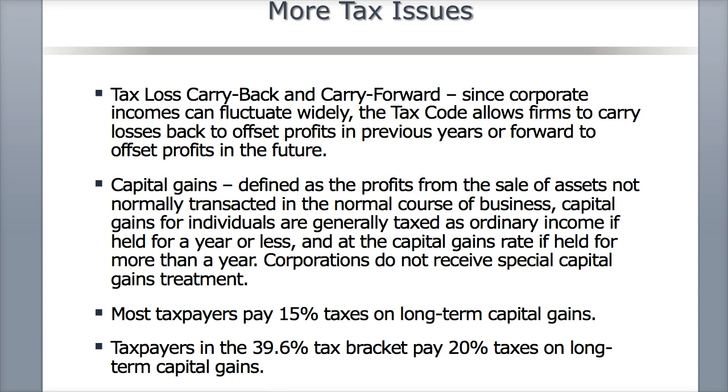And in addition, high-income taxpayers may incur an additional 3.8% unearned income tax. So this is an additional tax if you're high income, and this is in 2017. Not sure if it exists in 2018. So there's a lot of additional taxes.